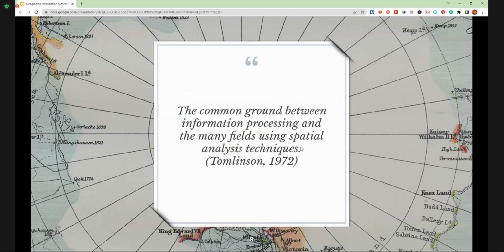What he's saying here is that you have these data and you crunch them using different technologies, and then it's also applied on multidisciplinary endeavors. That's what he was saying, and he coined it in 1970.